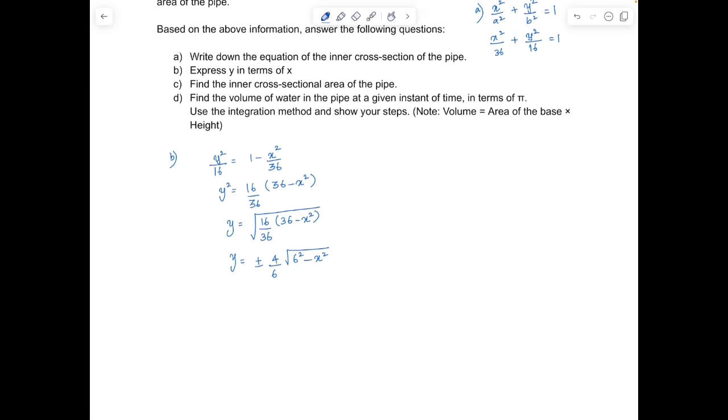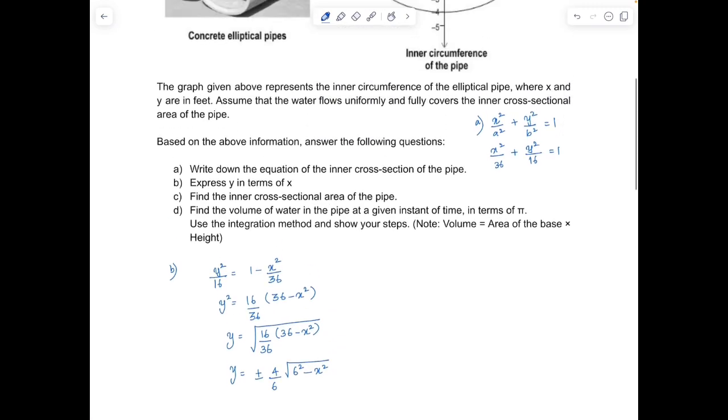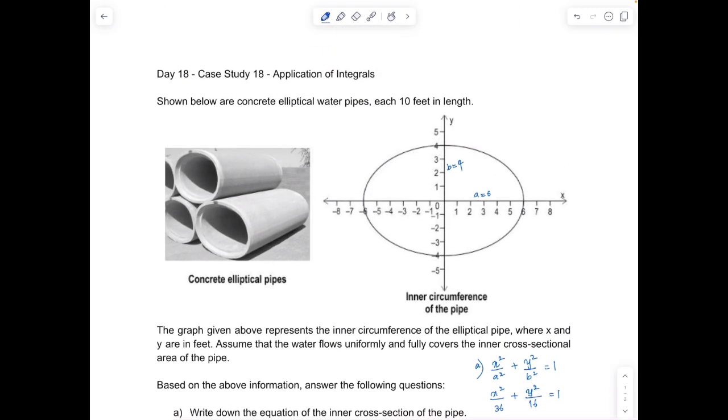Subdivision C. Find the inner cross-sectional area of the pipe. Now all the quadrants are of equal area. So we will choose one quadrant to solve this and then multiply by 4 to get the entire area. To get the area of the first quadrant, let's consider a slice along the x-axis.